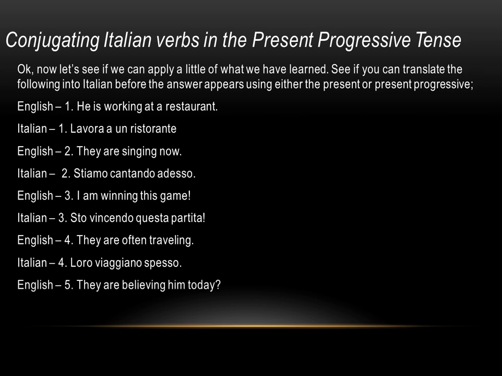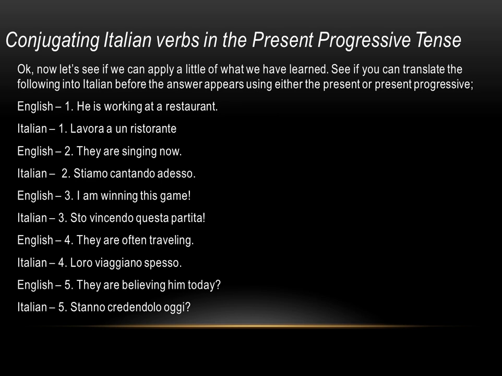They are believing him today. Stanno credendolo oggi? Okay, two things going on here. First of all, I chose a present progressive because it's today. It's a specific time frame.